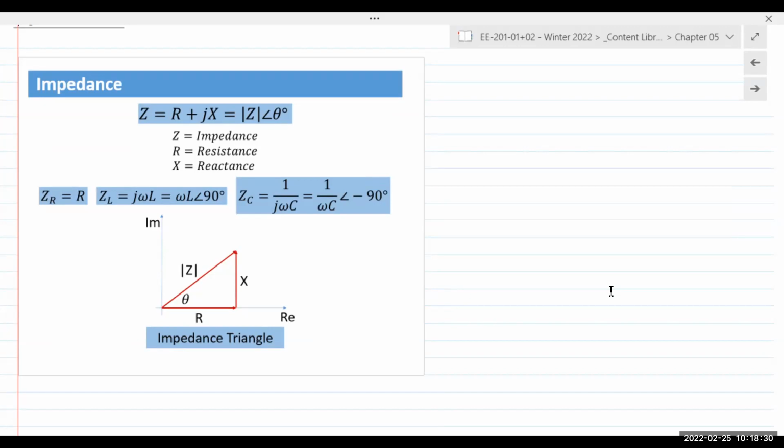And in a capacitor, the faster you change, the more current flows through the capacitor or through the circuit. So for an inductor, the reactance increases when the frequency is high. The opposition is high, so the reactance is high.